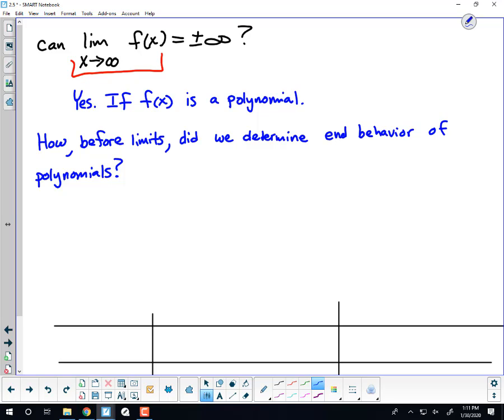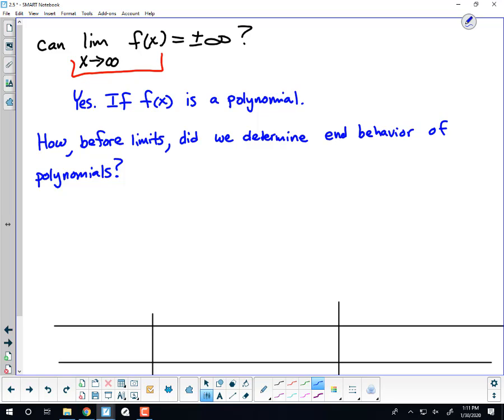We're just going to try to tie whatever we can to prior knowledge. Yeah, the exponents, the powers, whether it's even or odd, can determine the end behavior. Okay, right. We'll make that a little bit more precise.